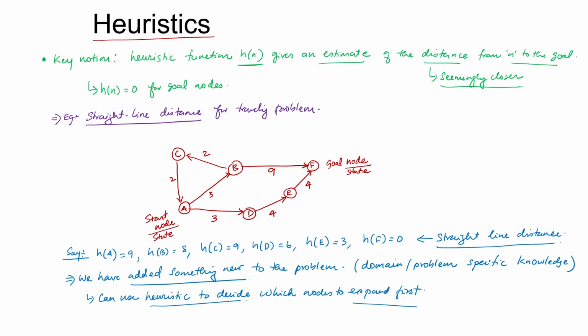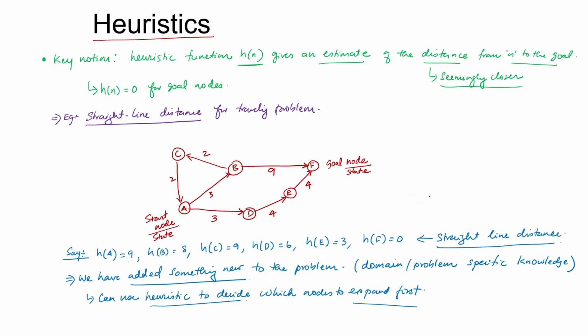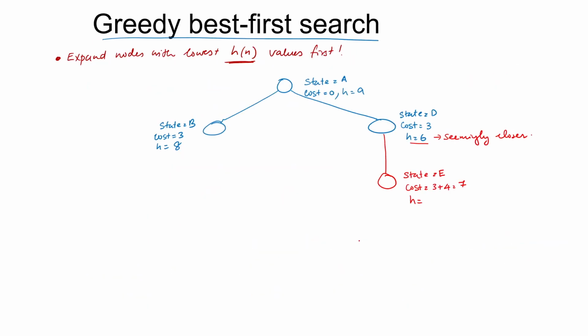You can only go to E. So state equal to E, cost is equal to 3 plus 4, that is 7, and H of E is 3.